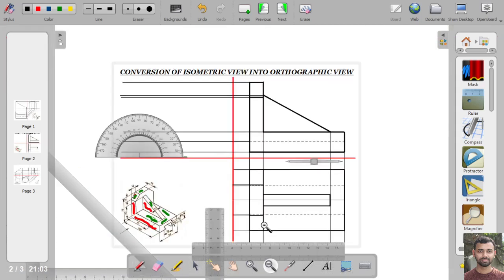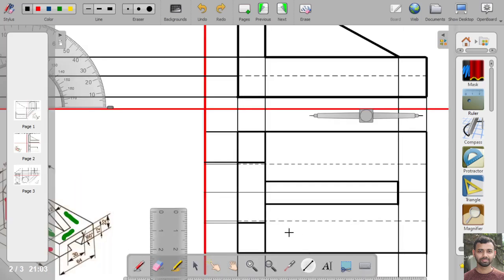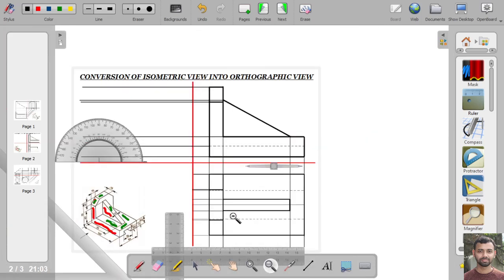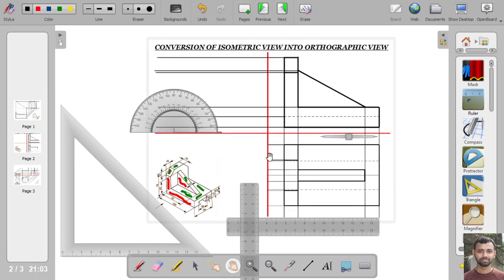Okay, another portions are this. Okay, now what we'll do, we will project all these projection lines at an angle of 45 degrees.